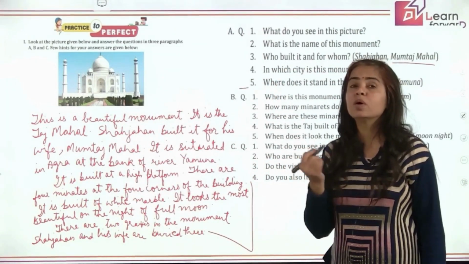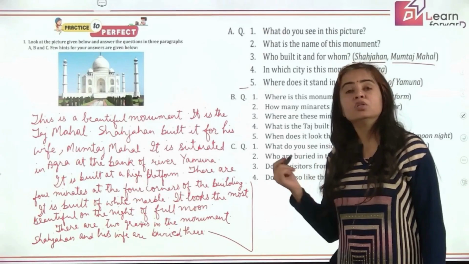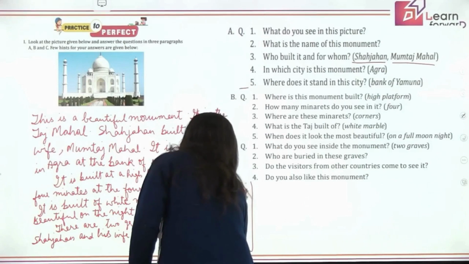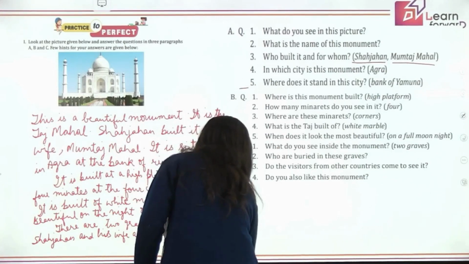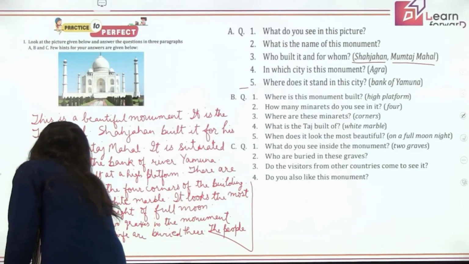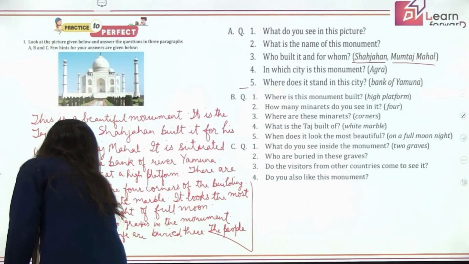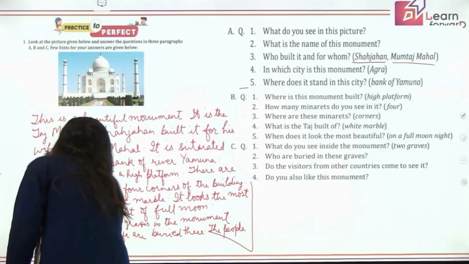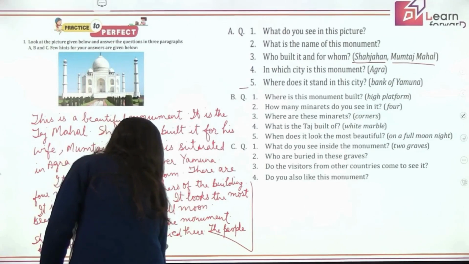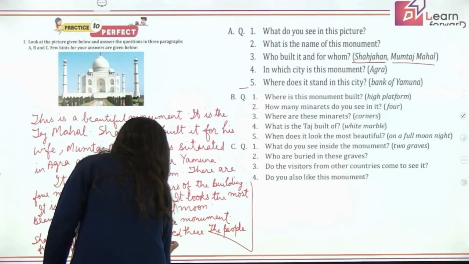And then, do the visitors from other countries come to see it? Yes, it is one of the 7 wonders of the world. So, the people from different countries visit it. And how do you like it?